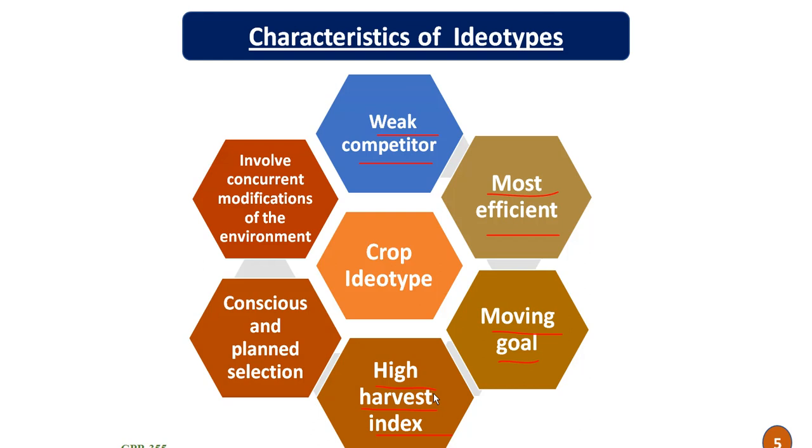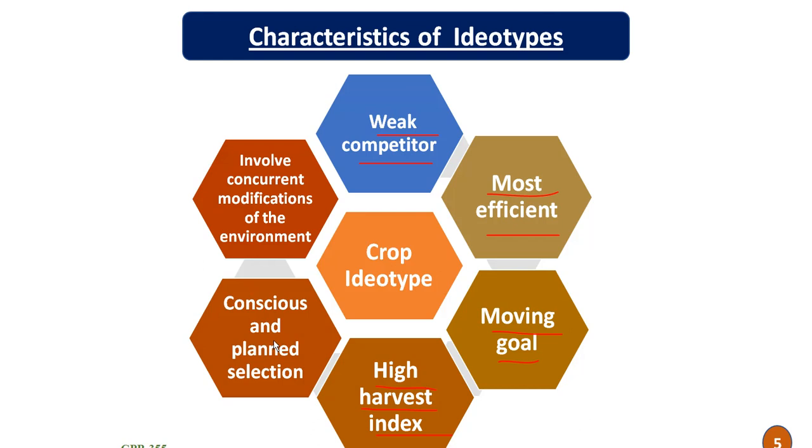As we all know, harvest index is the ratio of economic yield to biological yield. As there is more economic yield, there is a high harvest ratio, so the crop ideotype must have a high harvest index. Then conscious plant selection.